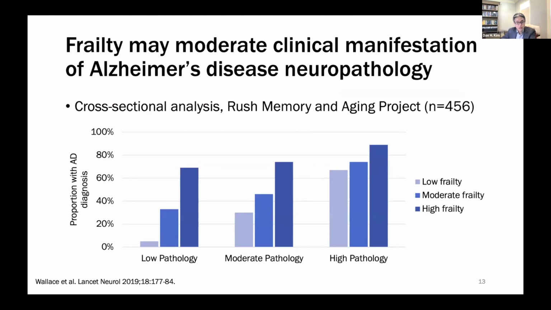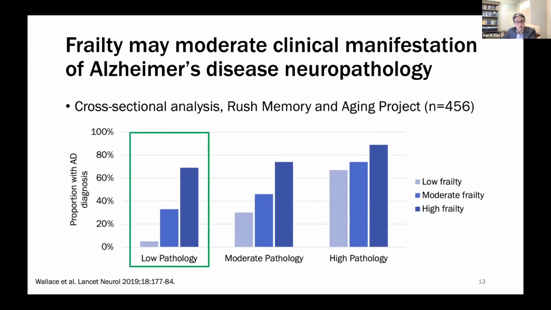Another study that used a cross-sectional autopsy study from the Rush Memory and Aging Project found that a large majority of people with high Alzheimer's disease neuropathology burden had been diagnosed with clinical dementia regardless of the frailty level at their last examination.